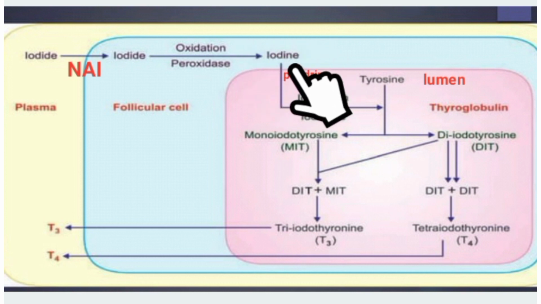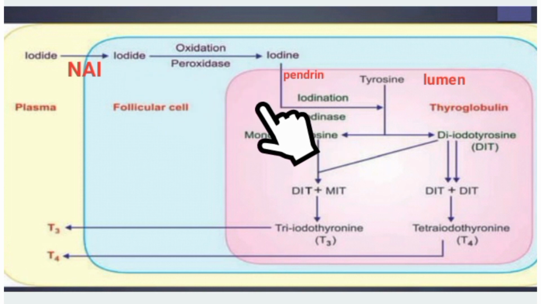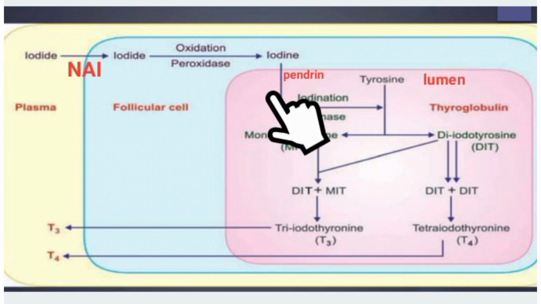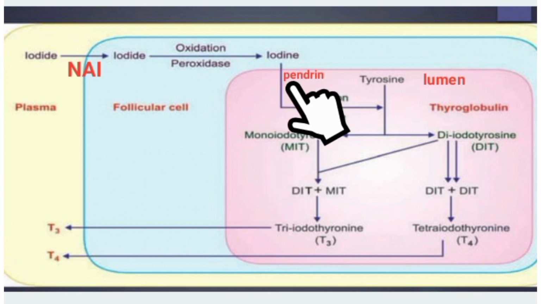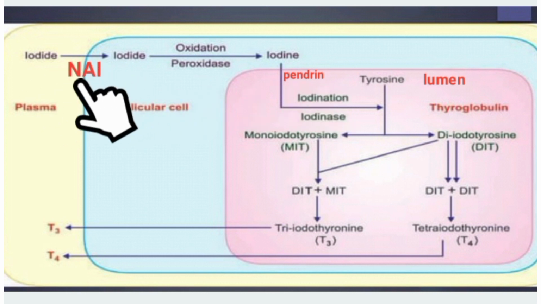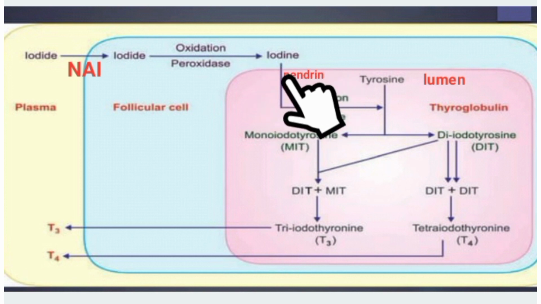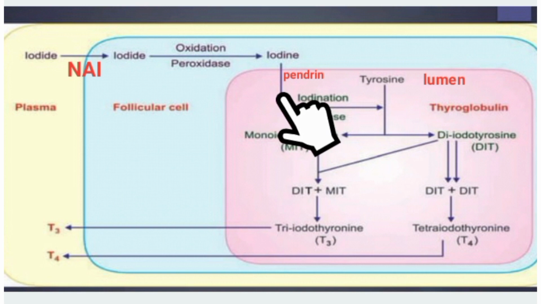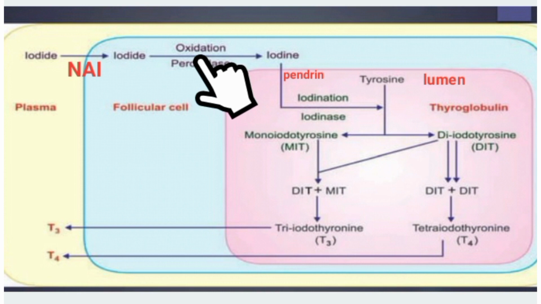This transfer of iodide into the lumen of the follicular cell requires a special transporter which is known as pendrin. This is basically a chloride iodide transporter. So we had one transporter here, the sodium iodide symporter, and we have another transporter here, the chloride iodide transporter, which will transfer the iodide inside the lumen, and then iodide will be converted to iodine by means of oxidation, which is the second step.